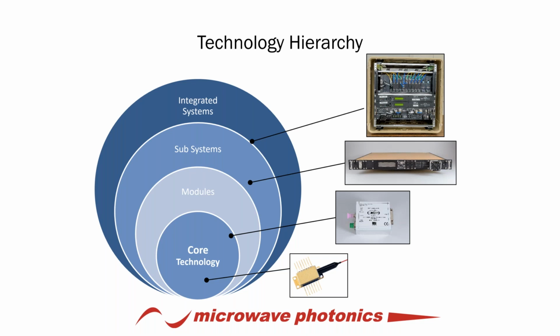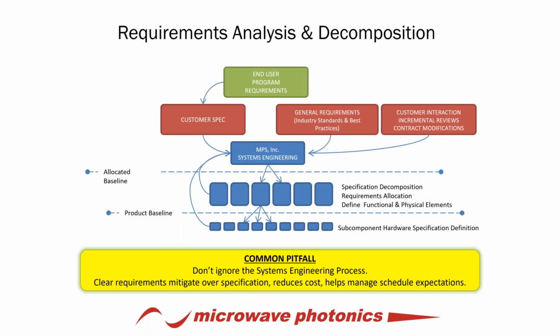And in doing that, I always encourage potential customers and clients to do the requirements analysis and decomposition. While in many cases I consider these commercial off-the-shelf systems, some of it is slightly modified or really engineered to order.